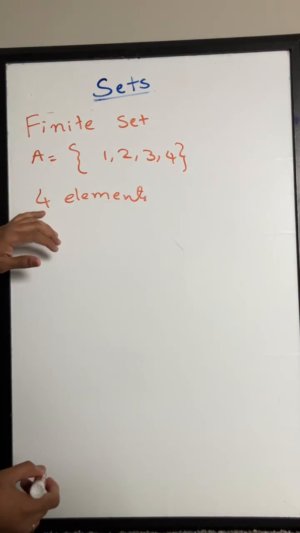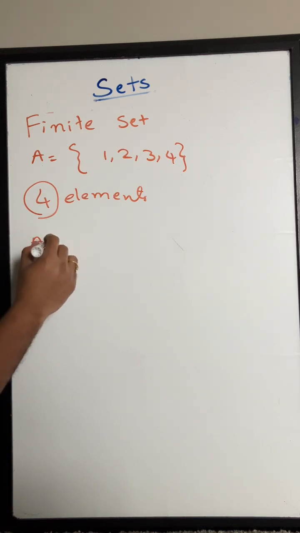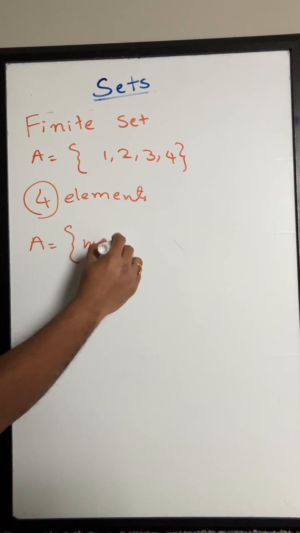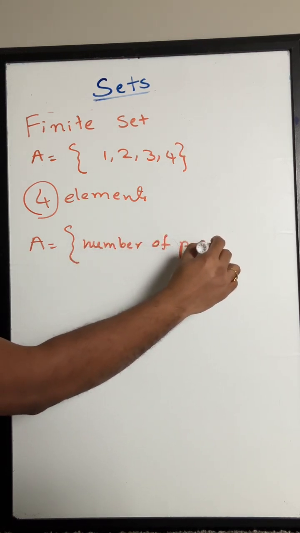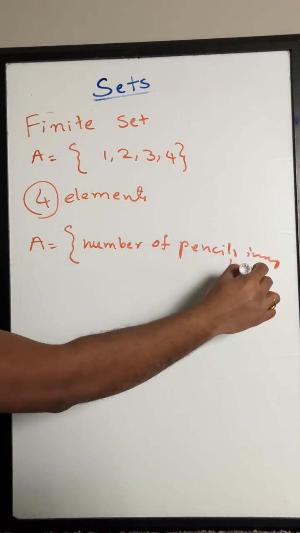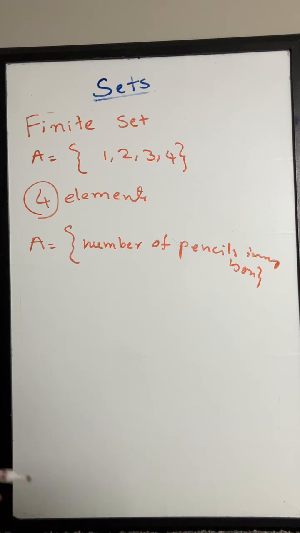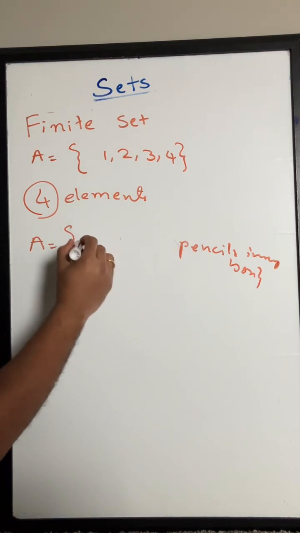You can get a finite number. So for example, a equal to the pencils in my box. The statement should be not number, just pencils in my box.